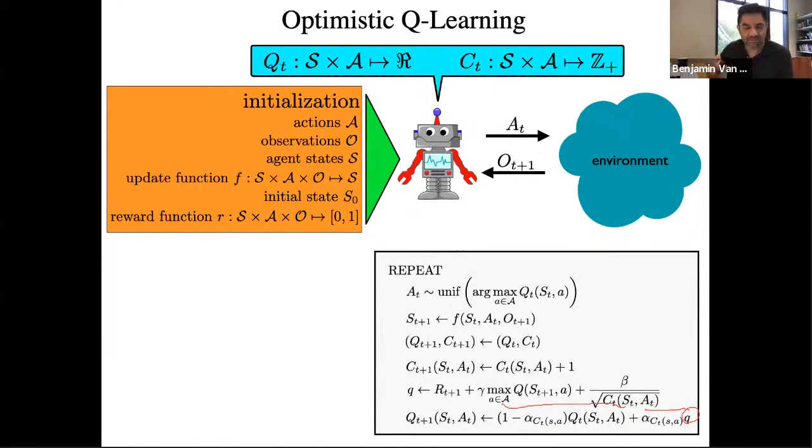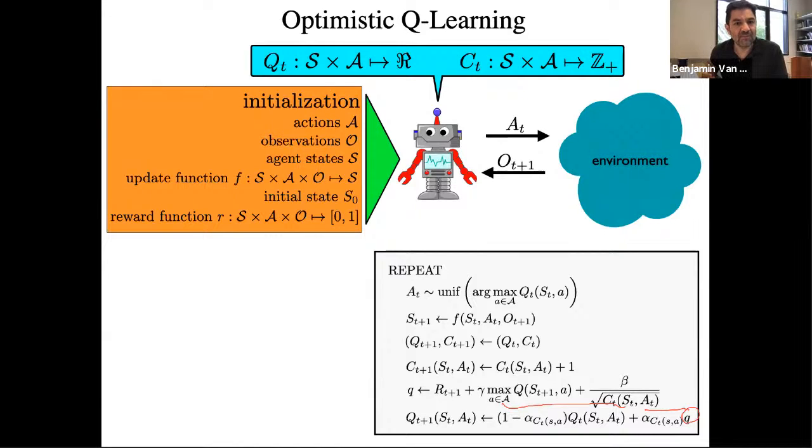And little q is computed by adding the immediate reward R_{t+1}, which I've computed using the current observation, current aleatoric state, to the discount factor gamma times the maximum value of the next action.